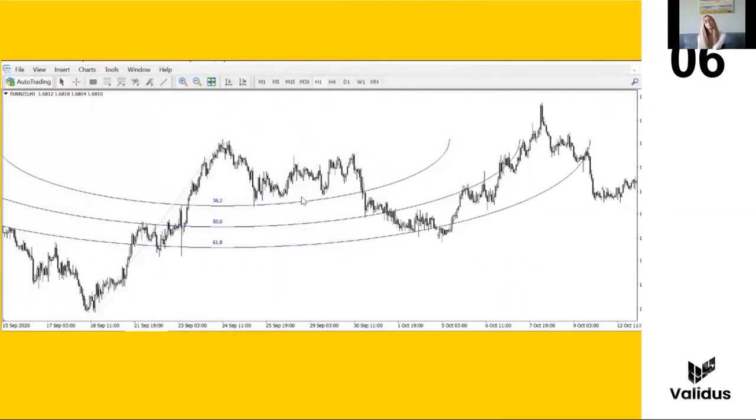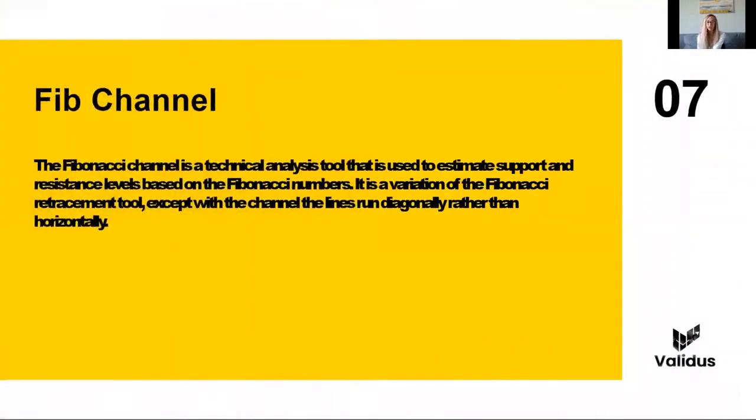Channels. Next. What is Fibonacci channels? The Fibonacci channel is a technical analysis tool that is used to estimate support and resistance levels based on the Fibonacci numbers. It is a variation of the Fibonacci retracement tool, except with the channel the lines run diagonally rather than horizontally.